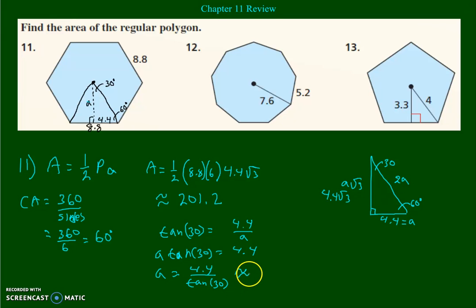And that would come out to approximately 7.621, which is just about the same as 4.4 square root of 3. So you could have done the same thing, gotten your apothem using trig functions like this if you had forgotten your 30-60-90 relationships.